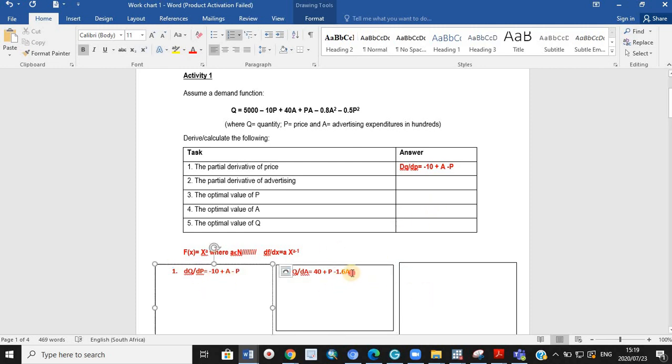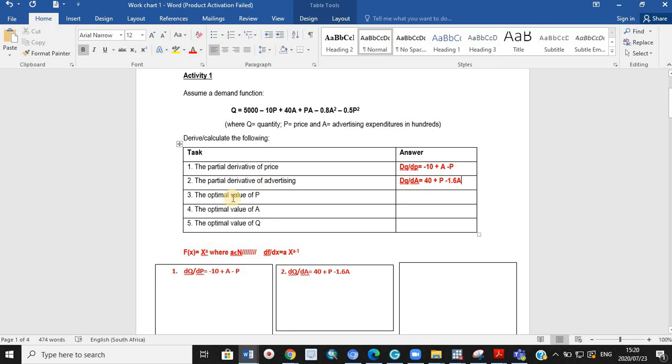So very good, the derivative with respect to a is going to be 40 plus p minus 1.6 a.